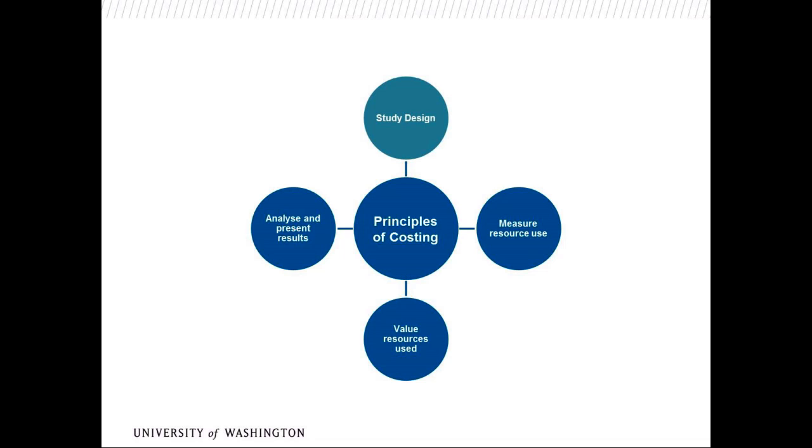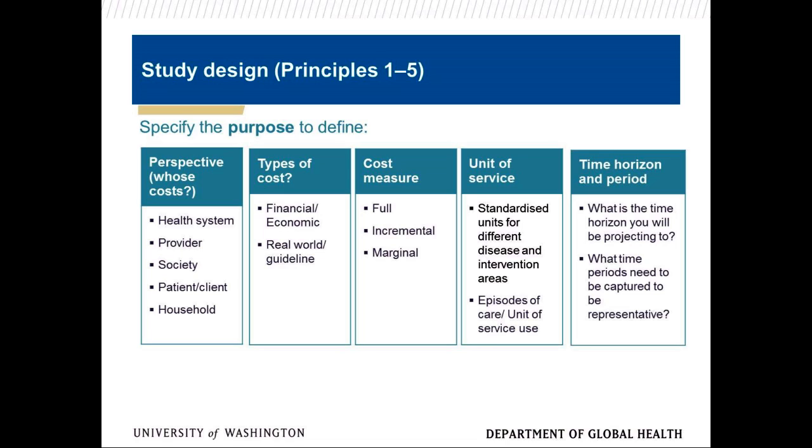The first one is around study design, and I think we can all agree that whether we're doing an epidemiological study or an economic study, we have to define the purpose, and purpose dictates method. That's conventional wisdom. What's different in costing is we really need to understand whose perspective. Is it the perspective of the donor, the payer?